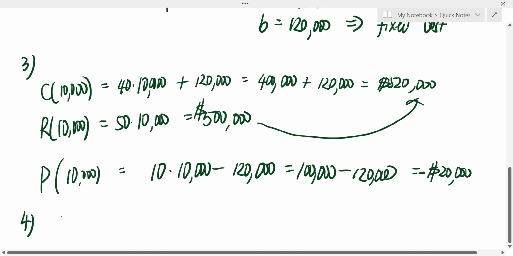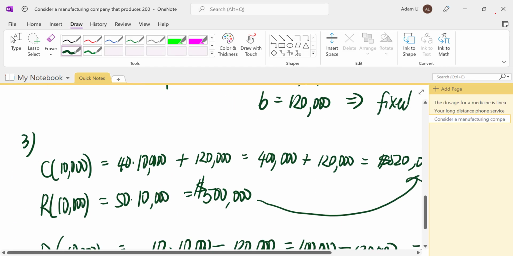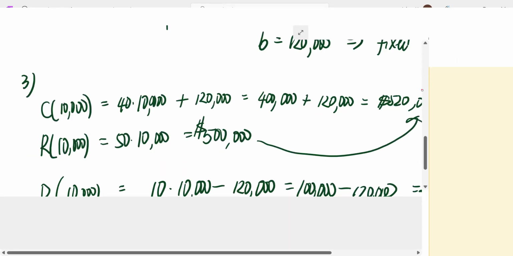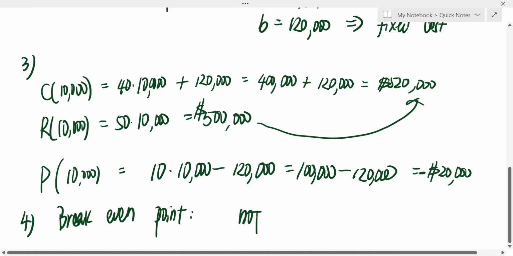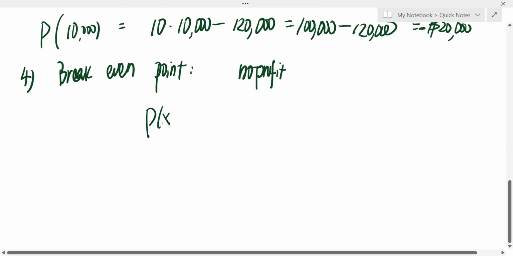Part 4 is the break-even point. Break-even meaning no profit and no loss. That's what break-even is. No profit. So you set the profit function P of x equals 0. That means 10x minus 120,000 equals 0.